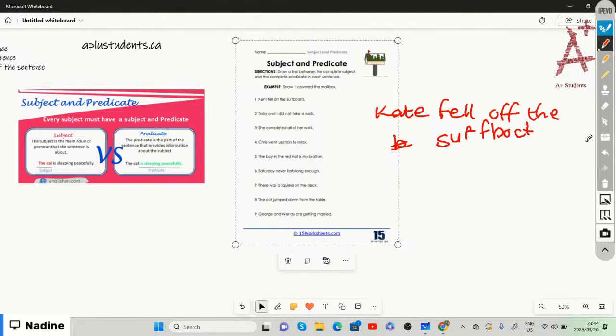Kate is our subject, and our predicate is fell off the surfboard.